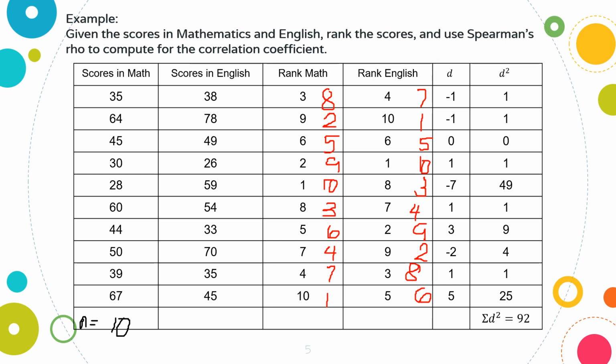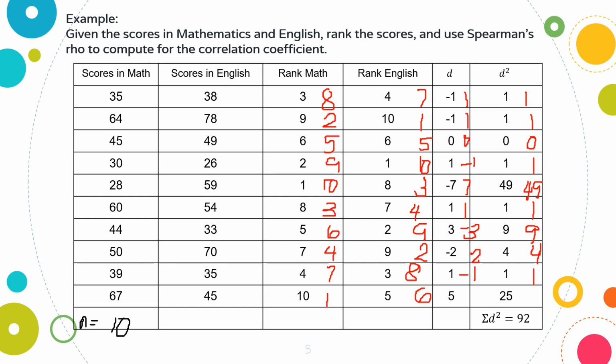Then we get the difference. 8 minus 7 is 1, then 1 squared is 1. 2 minus 1 is 1, 1 squared is 1. 5 minus 5 is 0, so 0 squared is 0. 9 minus 10 is negative 1, so negative 1 squared is 1. 10 minus 3 is 7, that is 49. 3 minus 4 is negative 1, squared is 1. 6 minus 9 is negative 3, so 9. 4 minus 2 is 2, 2 squared is 4. 7 minus 8 is negative 1, squared is 1.